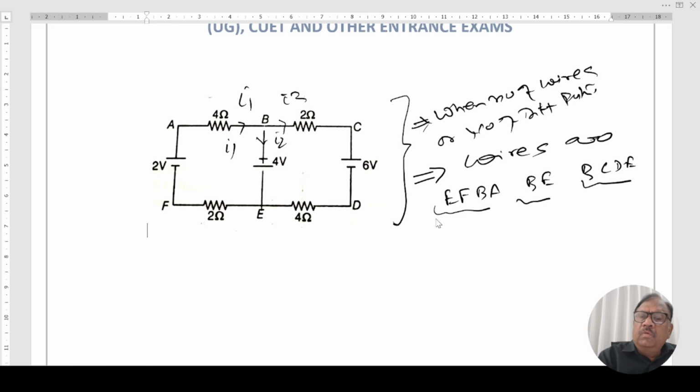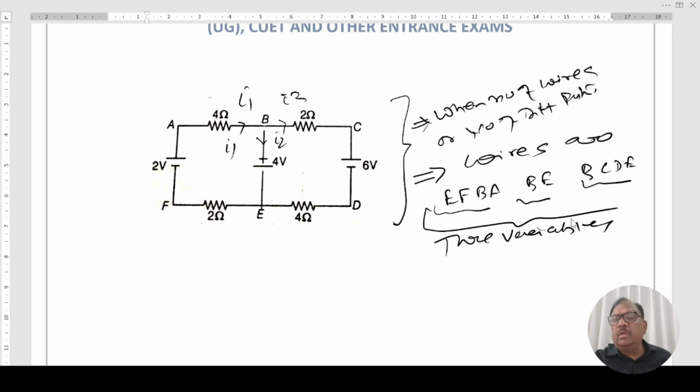The number of wires is 3, therefore 3 variables will be there. That is I1, I2, I3.